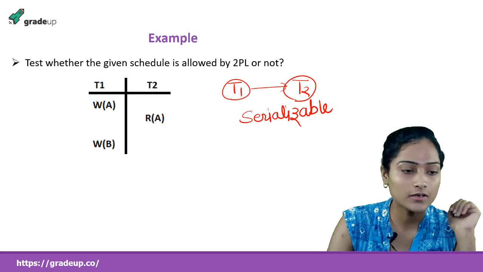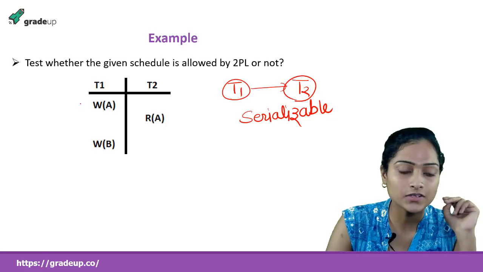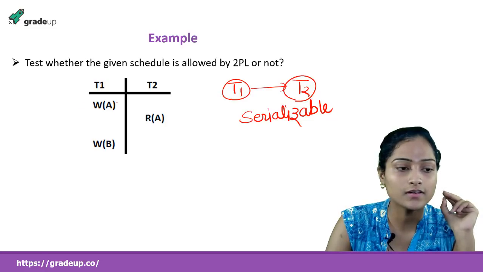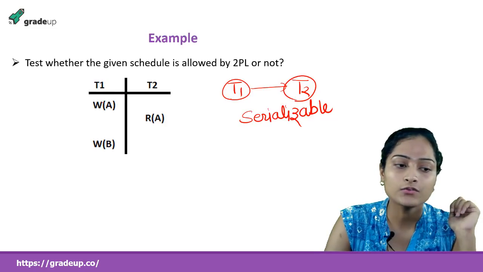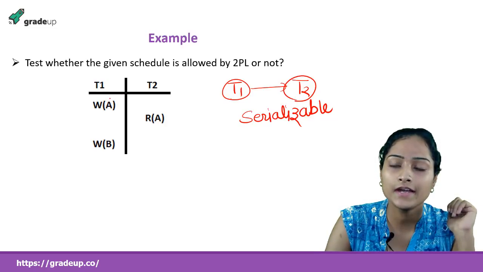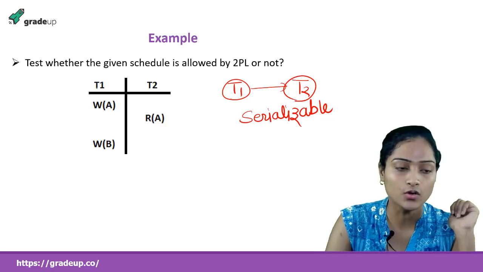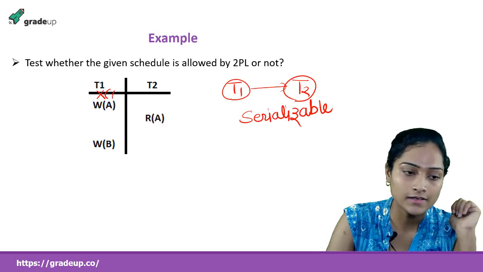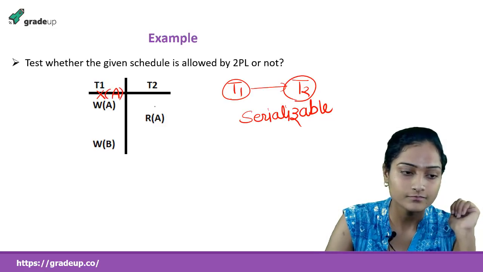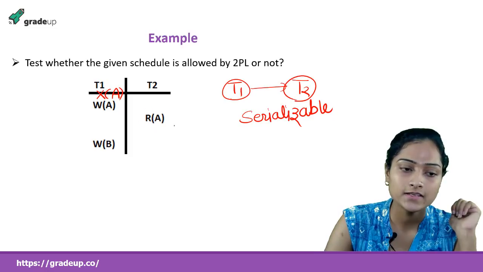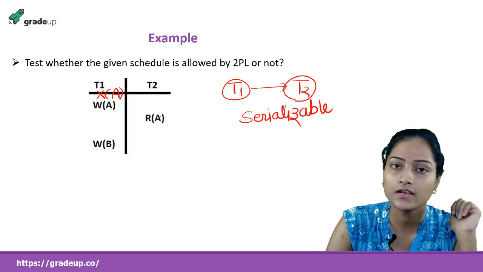In this schedule, transaction T1 wants to write data item A. Then the lock which is needed here is an exclusive lock, so I am going to acquire an exclusive lock. The next operation is read A by transaction T2.